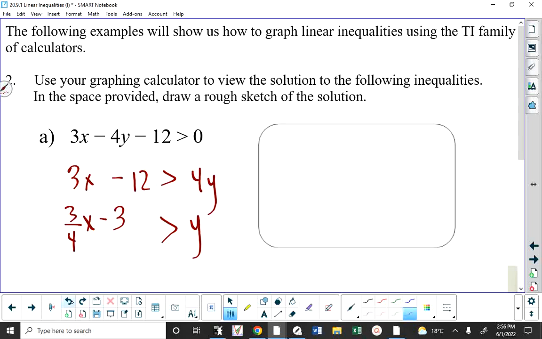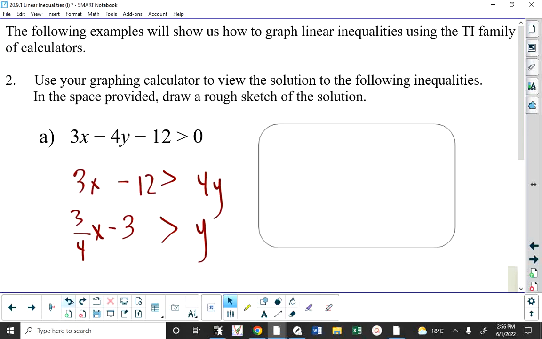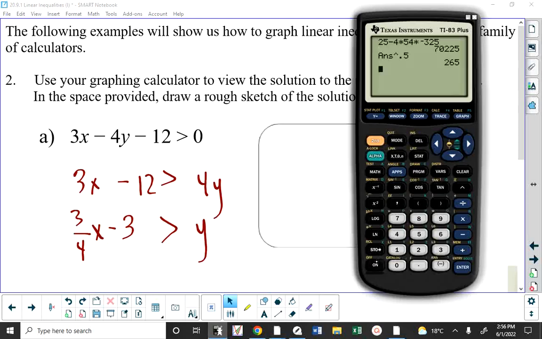So let's graph y equals 3/4 x minus 3, which is what happens when I divide everything by 4. 3x over 4 is 3/4 x. 12 over 4 is 3. If you were to go zoom 6 here, what's a line? That's no good. We don't want a line. We want a solution region.